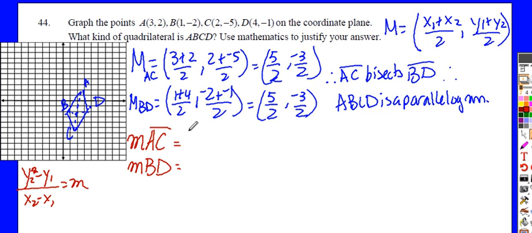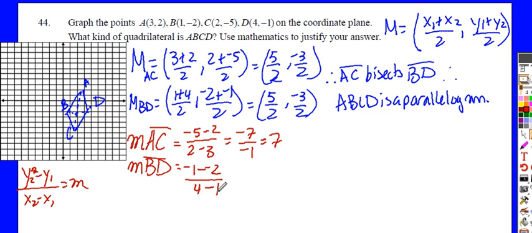So the slope for AC is (-5 minus 2) over (2 minus 3), or -7 over -1, which is just 7. The slope for BD is (-1 minus -2) over (4 minus 1), which is basically 1 over 3, or 1/3.